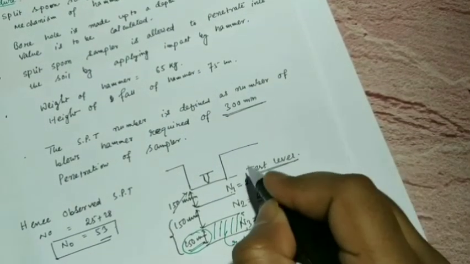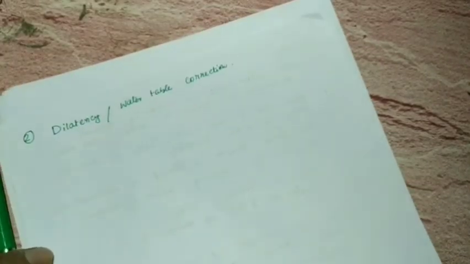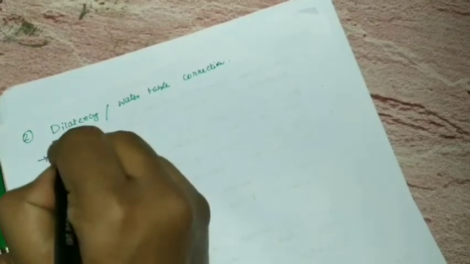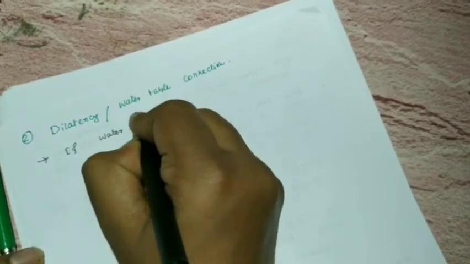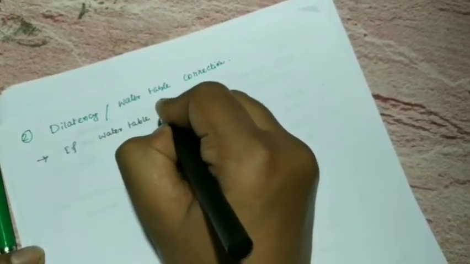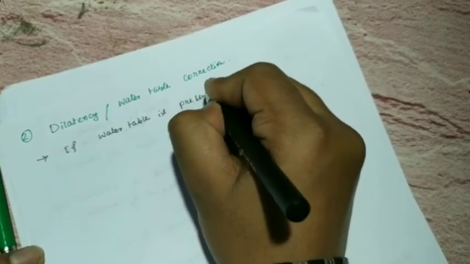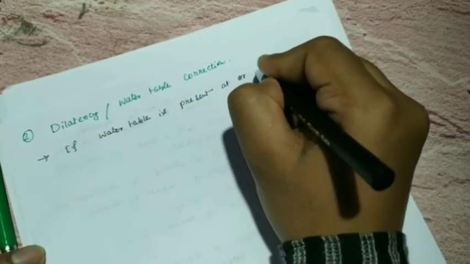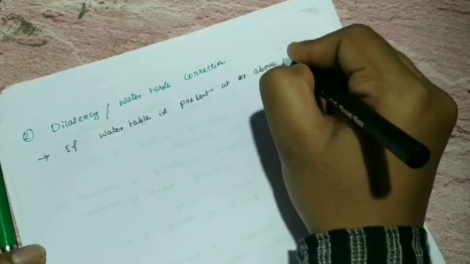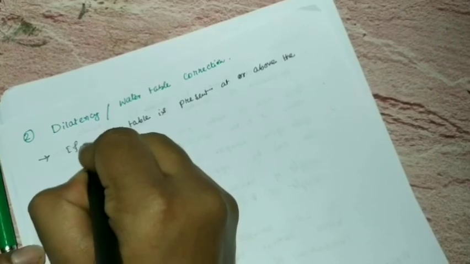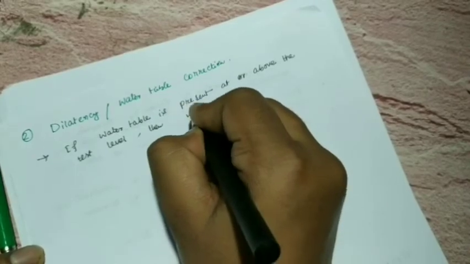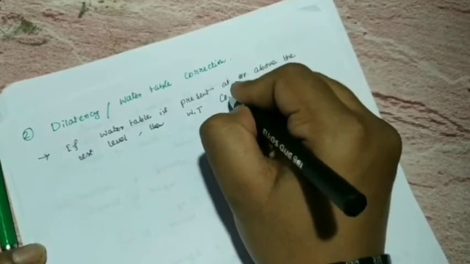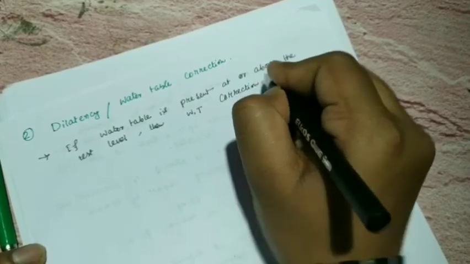If water table is present at test level or above the test level, then this correction is required. So you can write, if water table is present at or above the test level, then water table, WT means water table correction, is required.